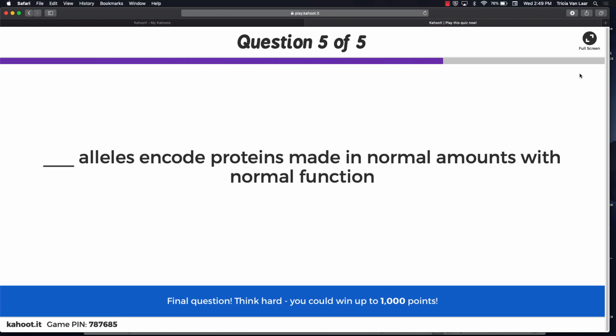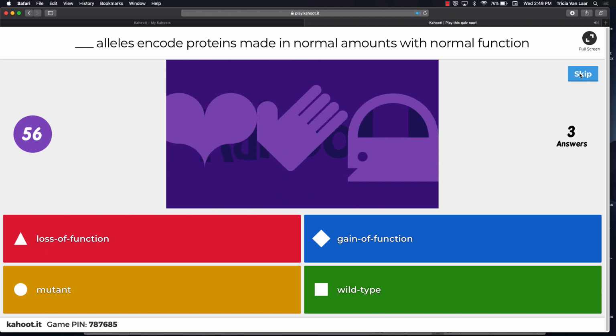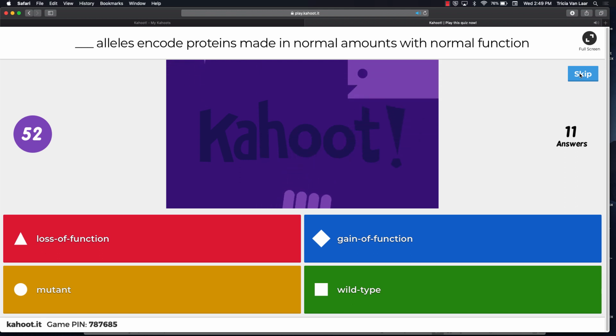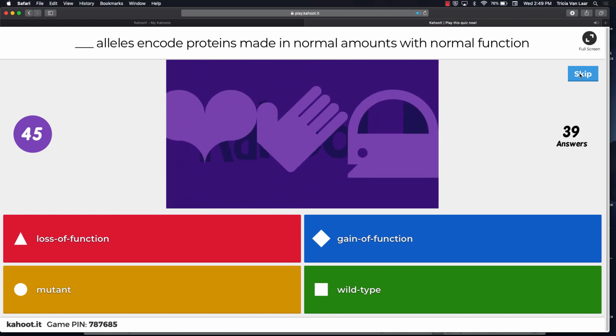Blank kind of alleles encode proteins made with normal amounts with normal function: loss of function, gain of function, mutant or wild type.